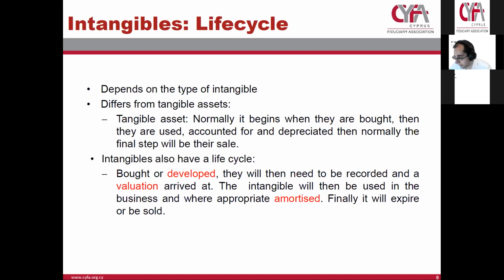Well, intangibles are a bit more fluid. They can, of course, be bought or developed in-house, and when they are developed in-house, that creates particular problems in identifying when the intangible has been fully developed, and also in identifying the contributions of various kinds that have been made over time to that development. And we'll see how that poses a number of issues.